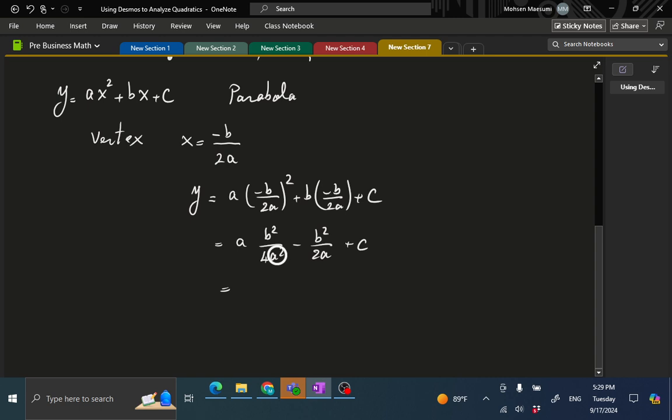Now one of these a's cancels this a, so I get b squared over 4a minus b squared over 2a plus c. I take a common denominator of 4a, so that is b squared. I have to multiply this thing by 2 to have the same denominator. Multiply this thing by 4a, makes 4ac. Cleaning it up, I get minus b squared plus 4ac divided by 4a.